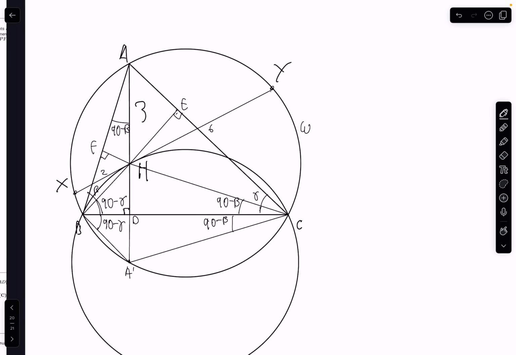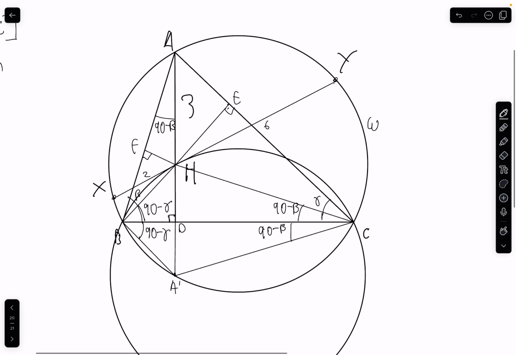And from there, we can also draw the conclusion that if we look at line BC here, then A prime BC is a reflection of HBC across the line BC.